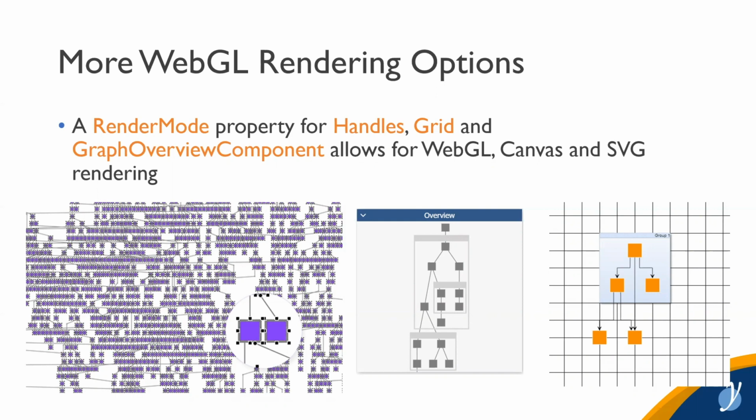It's for those very huge graphs that you might have where you need that last bit of performance boost in order to actually render tens of thousands of handles like in this visualization. You probably won't need it, but it's good to know that it's at your disposal, just a line of code away.